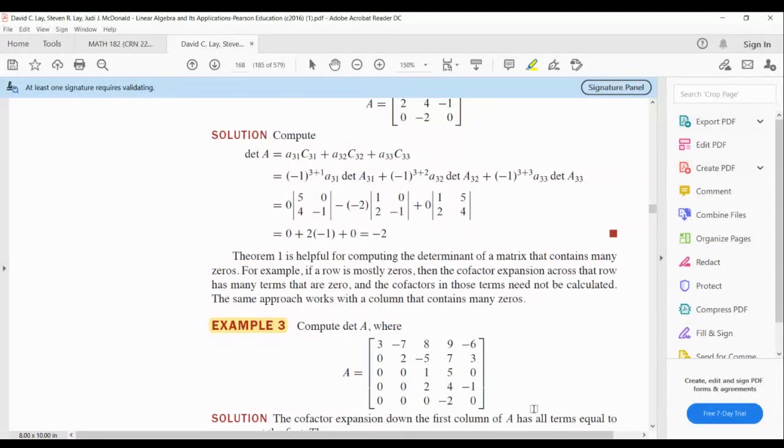But what might be a good row or column to expand on? Okay, so either the first column, that's right, Solomon, or the very last row. That's correct, Christy. So the book decides to expand along the first column.